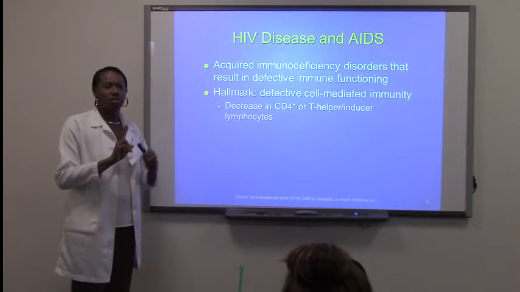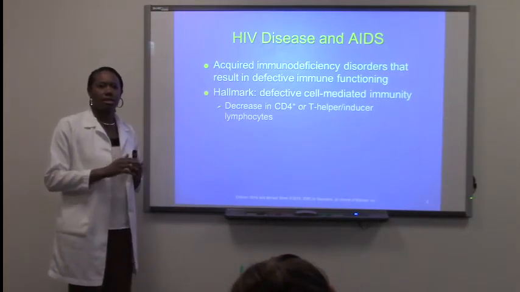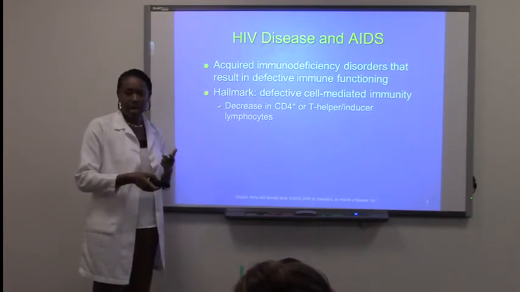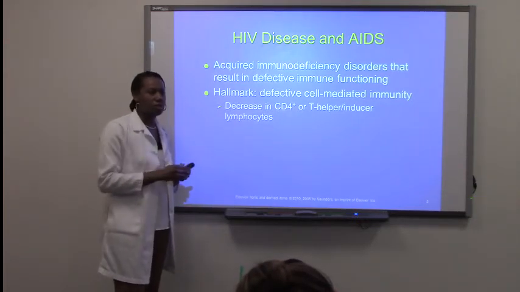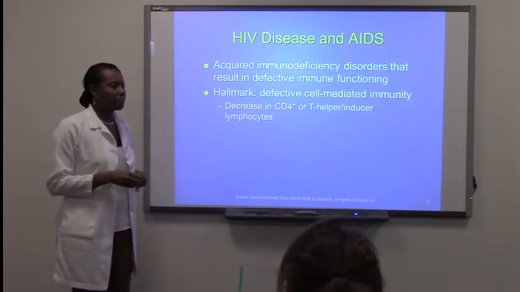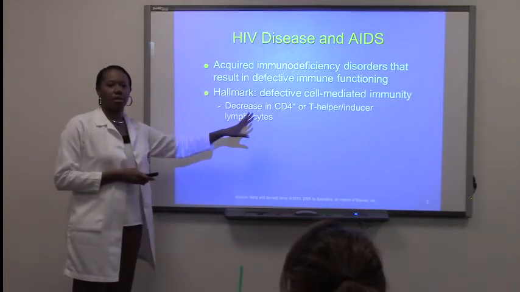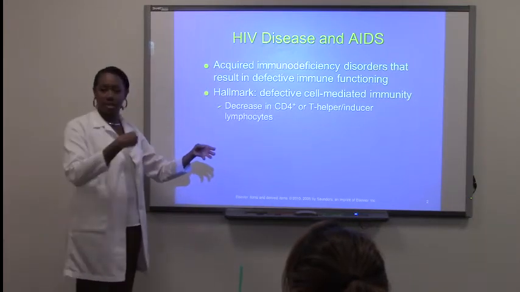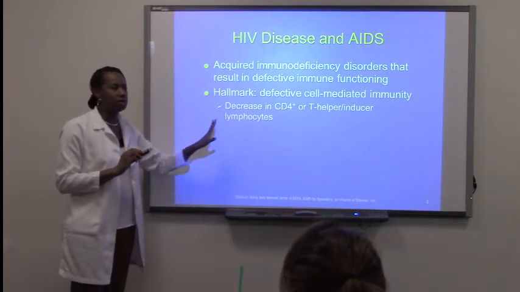If you remember from basic anatomy and physiology, T helper cells help make B cells, and they also help with attacking different viruses, any type of cancer-infected cells, or any kind of harmful microorganisms that come into the area. The problem is that this virus attacks the very T cell that's supposed to attack the virus. So this is a major, major issue with this particular virus.